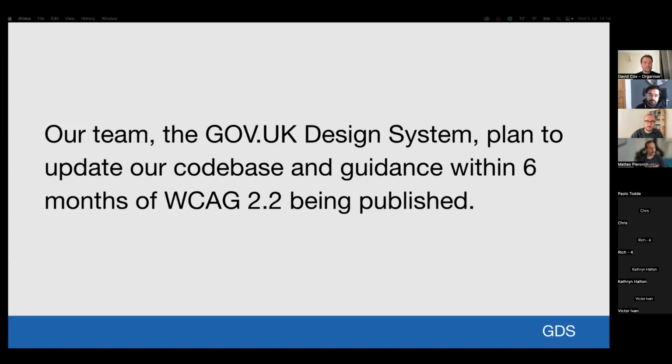And our team is planning to update our Gov.UK design system code base, which is called Gov.UK Frontend, as well as the guidance we publish on our website, within 6 months of WCAG 2.2 being published, to give teams a bit of a head start on that, where you'll have at least 6 months with our interpretations and our fixes to get the core design system baseline that we provide up to WCAG 2.2, and then that 6 months to implement that and also figure out on top of that what things are needed for people's specific services.